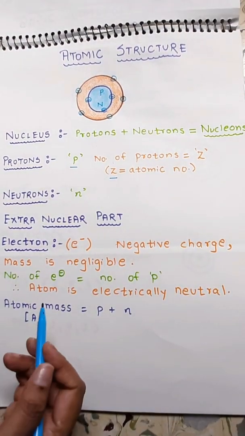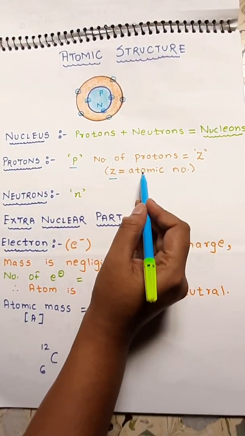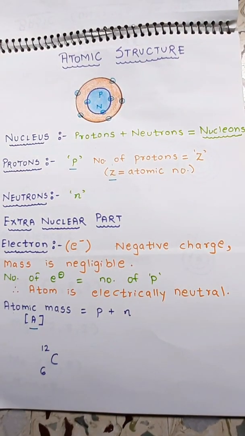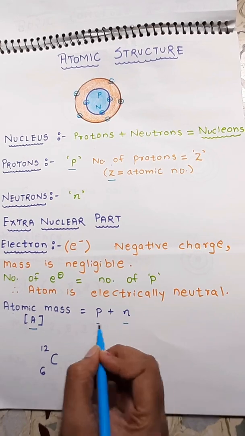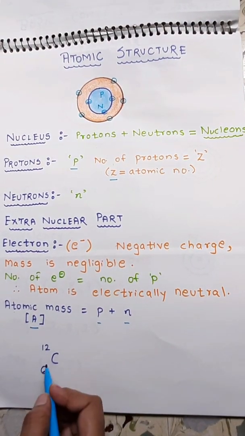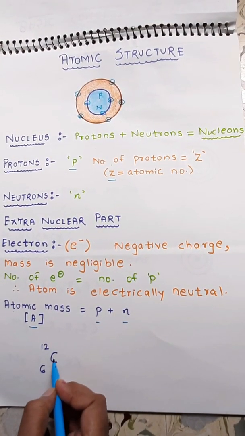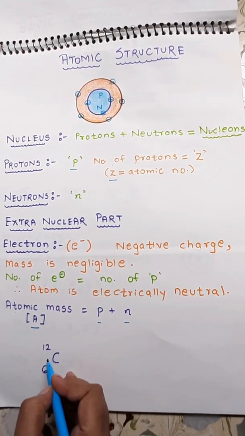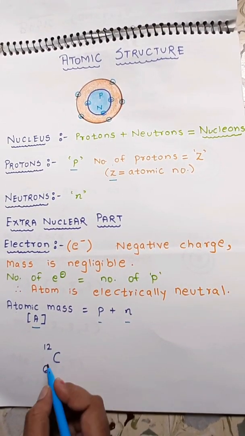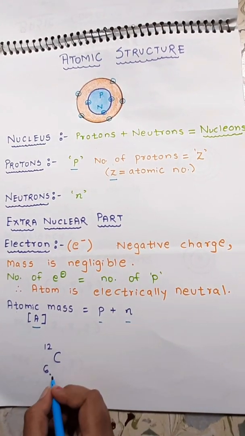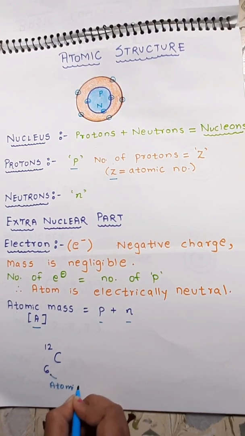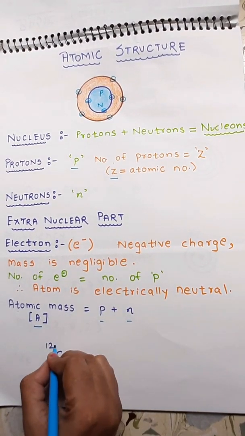Now as I said, atomic number means the number of protons, and the atomic mass number, which is denoted by the symbol A, is protons plus neutrons. So if I have the symbol of the element, carbon, C 12, 6, then the atomic number is 6, and 12 is the atomic mass number.